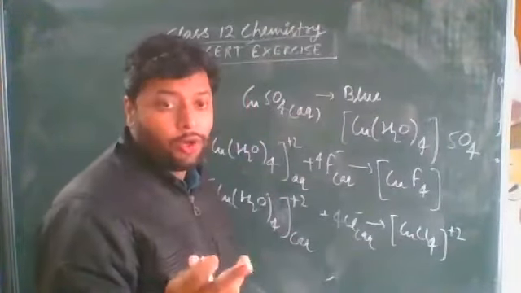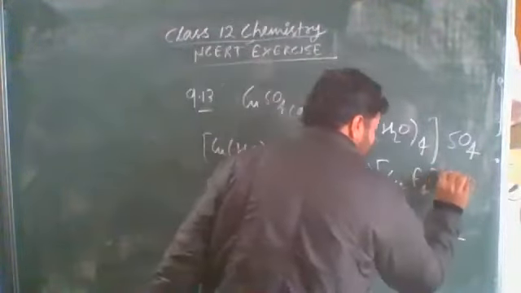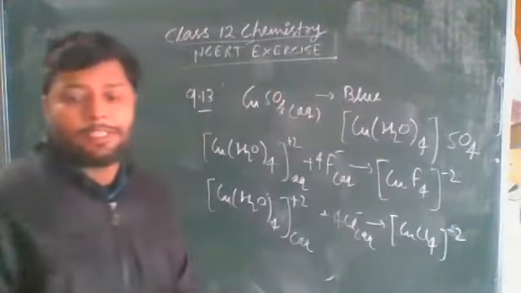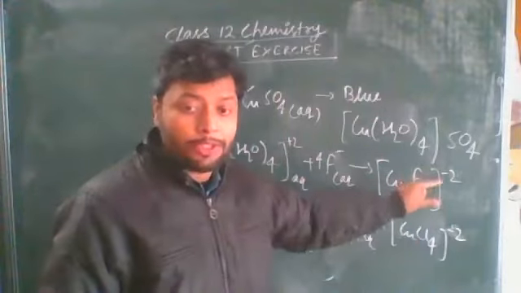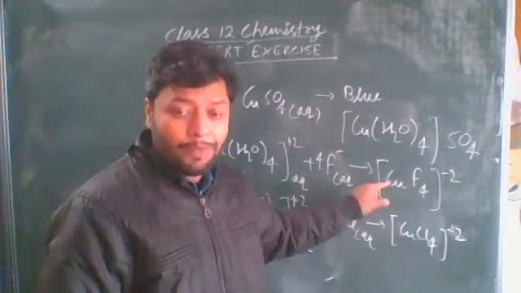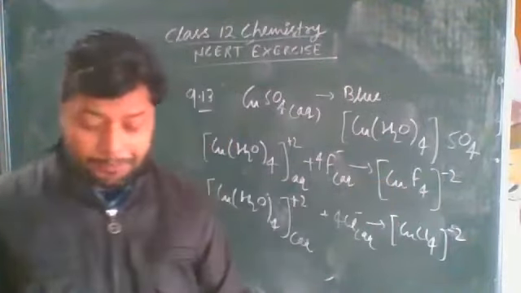Copper carries a +2 oxidation state, so there should be a minus charge, -2, because that -2 will balance the chlorides together with the copper +2 charge.